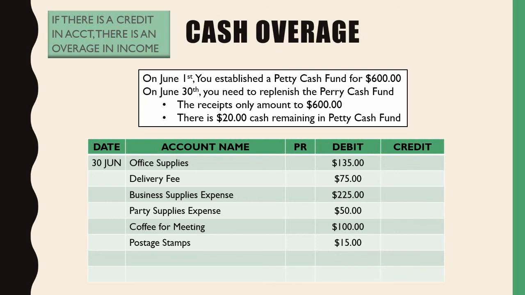And now we're talking about cash overage. So again, the same example, except this time you counted your receipts. You have a total of $600 in receipts, but you have a total of $20 left in the petty cash drawer. Where did this $20 come from? We don't know. Maybe the owner decides to swing by and says, "Oh, I took $10 earlier.